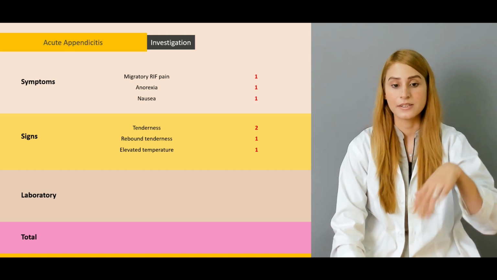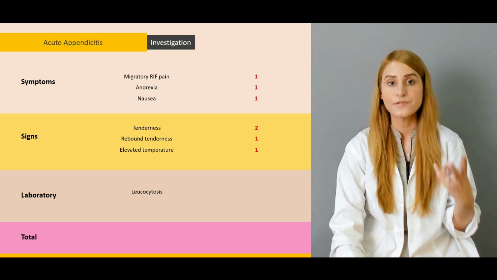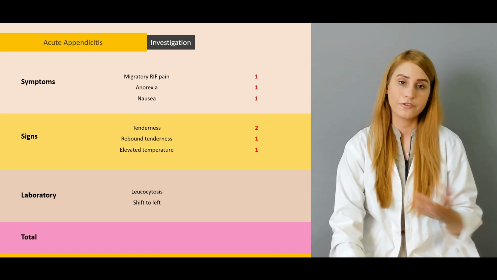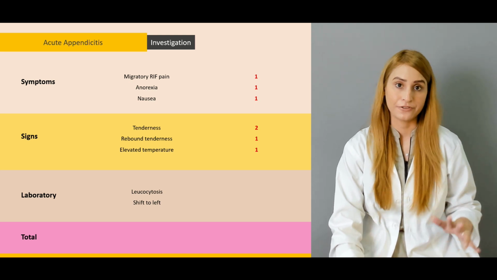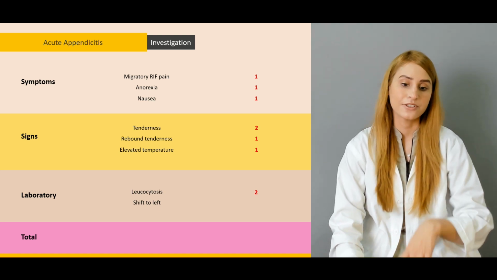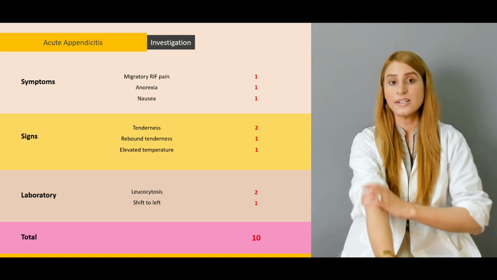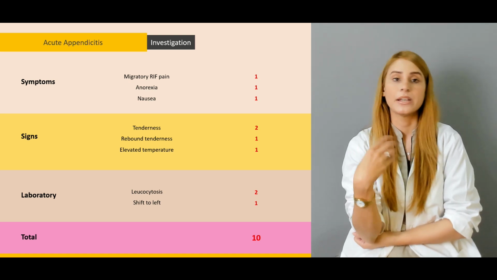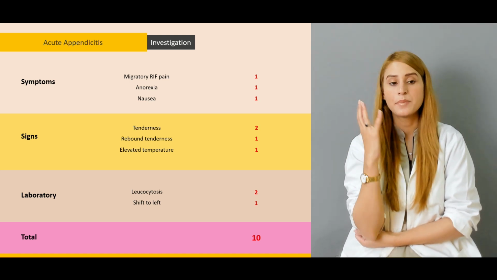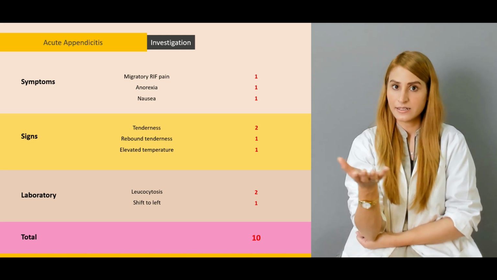So this was about the MANTRELS, and L stands for leukocytosis, and we give a score of 2 to leukocytosis, and shift to left, which means there are more neutrophils and immature neutrophils, which shows infection. So leukocytosis is 2 and shift to left is 1, and the total comes to 10. Let me repeat that the MANTRELS we calculate in a patient we are suspecting of acute appendicitis, depending upon the symptoms, signs, and the laboratory investigations.